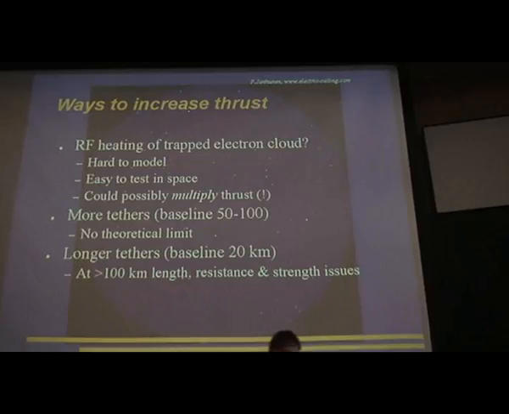Okay, so this was the baseline approach, but there are some ways to increase thrust. The main thing we are considering is to do some radio frequency heating of the trapped electron cloud, because that would increase the effective Debye length of this trapped electron population, since the Debye length is proportional to the square root of the electron temperature.